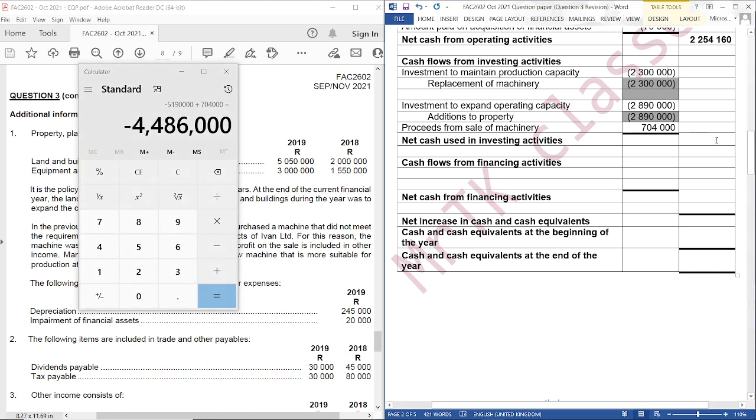We are getting a negative 4,486,000, right? Because this is a negative, it is going to be net cash used in investing activities. If it was a positive, we're going to say net cash from investing activities, right?